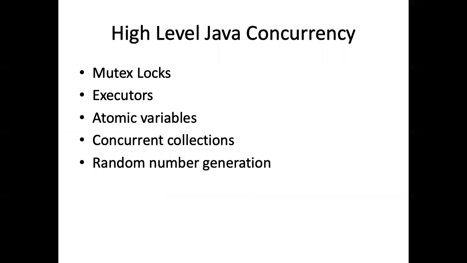There were mutex locks to not replace synchronized methods and synchronized statements, because if you're not that familiar with concurrency, synchronized methods and synchronized statements actually work pretty well.